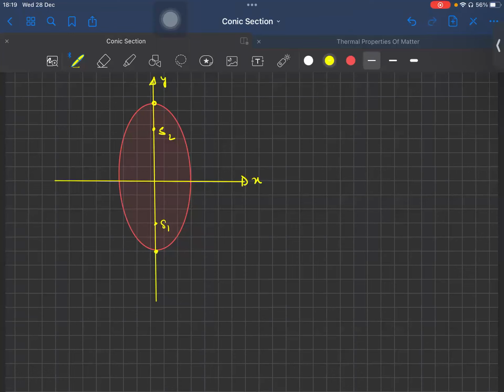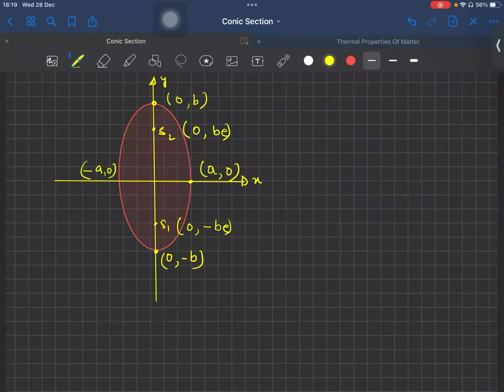That means B is the major axis here, okay? So the focus will be 0, comma, BE, 0, comma, minus BE, and the endpoints are 0, comma, B, and 0, comma, minus B. This point is the minor axis, so A, comma, 0, and minus A, comma, 0.